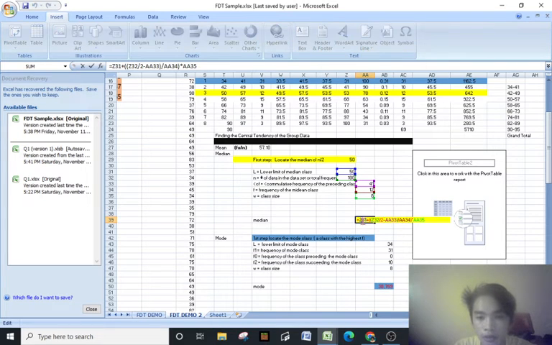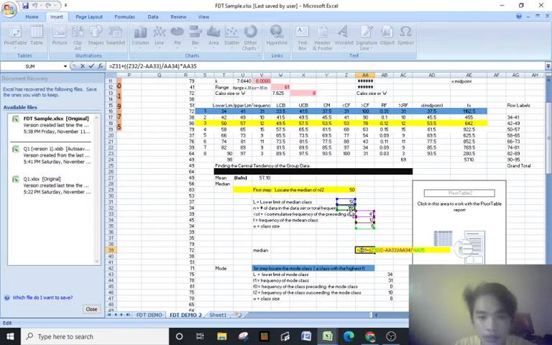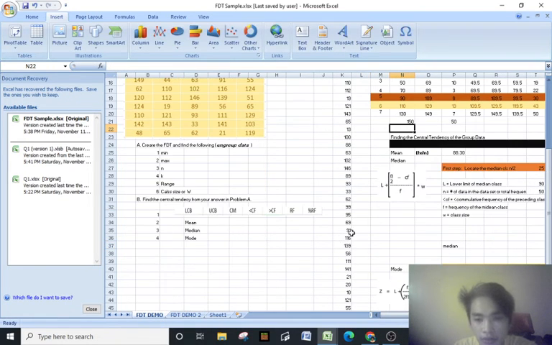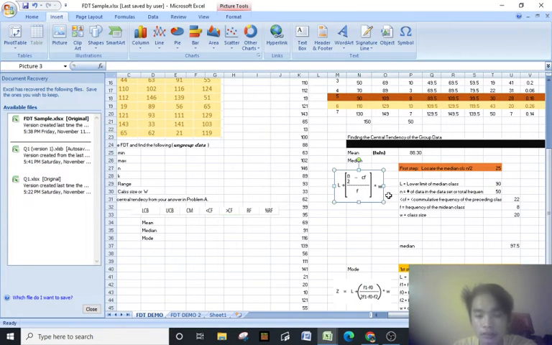Here is the formula for getting the median using the median class of the data.